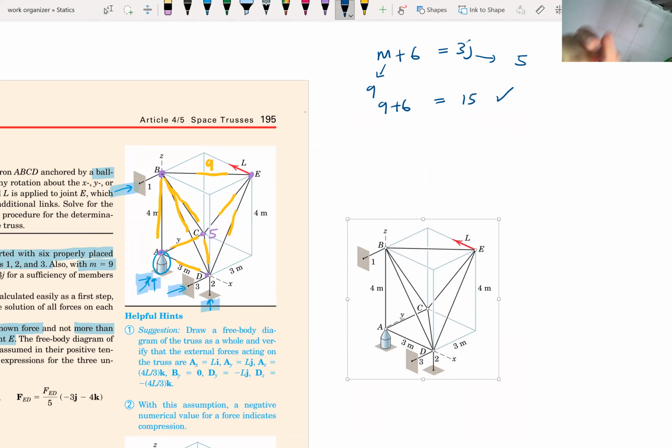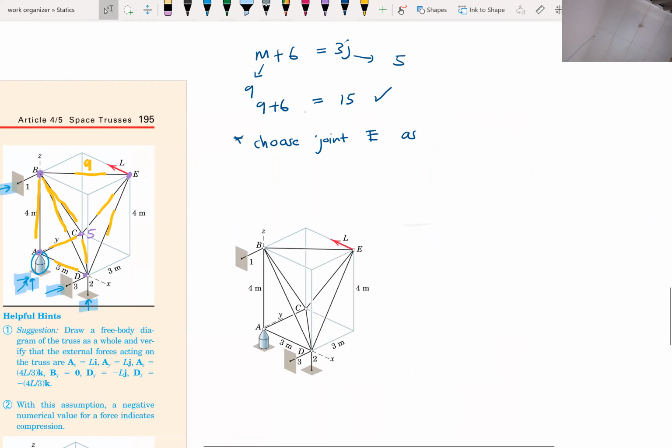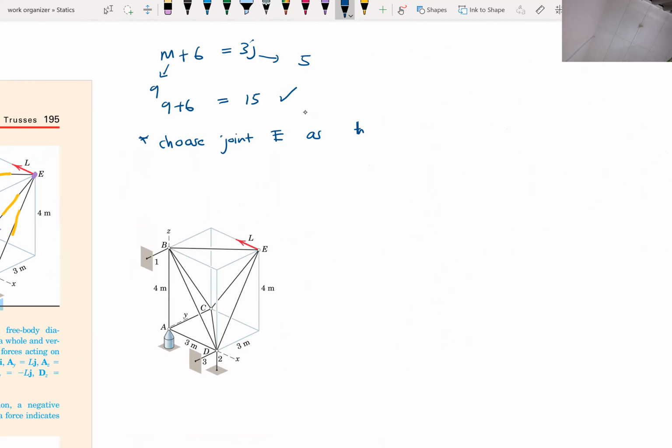So I just put some extra note here. Choose joint E as there is one known force.